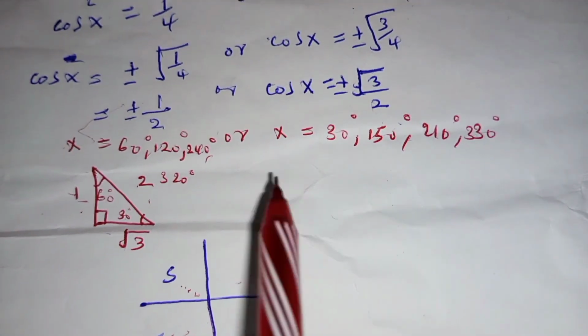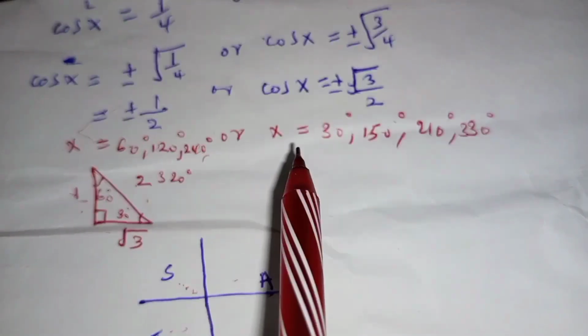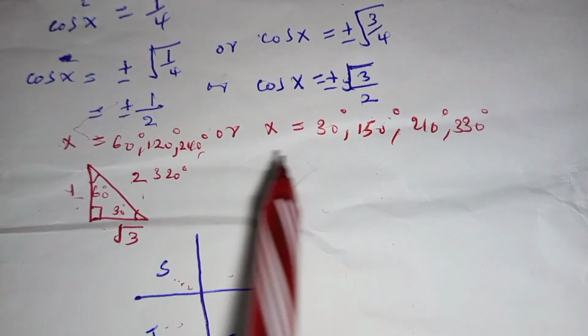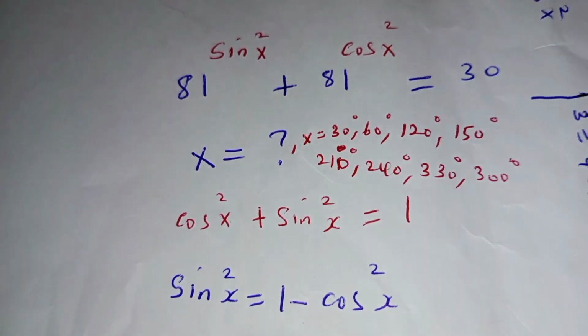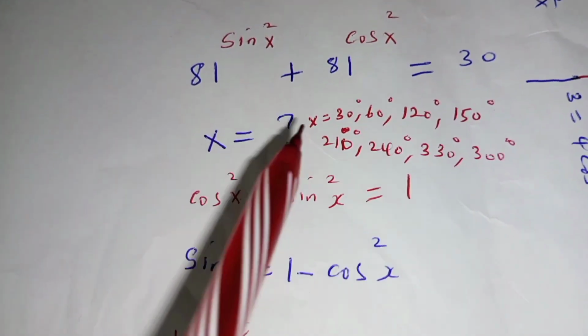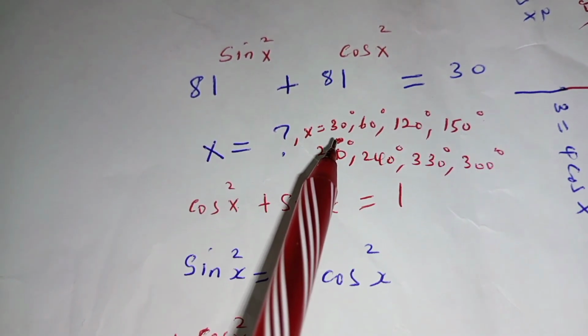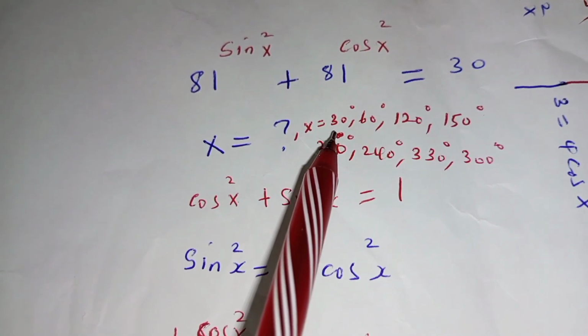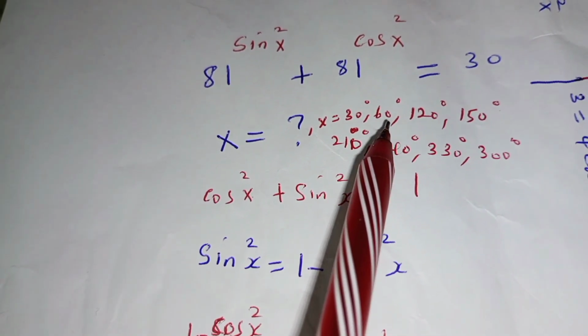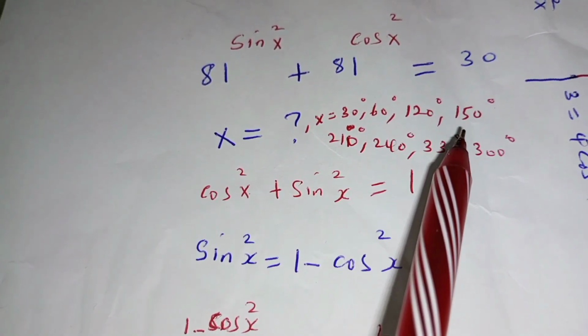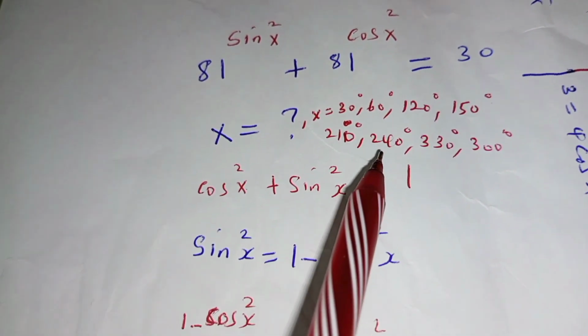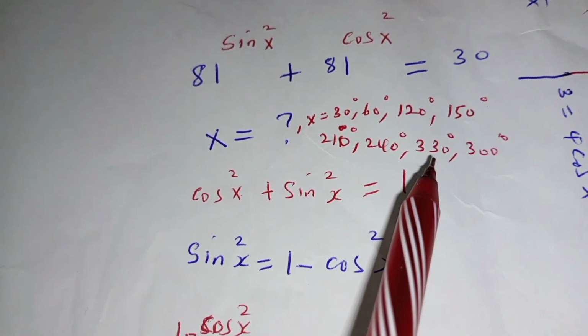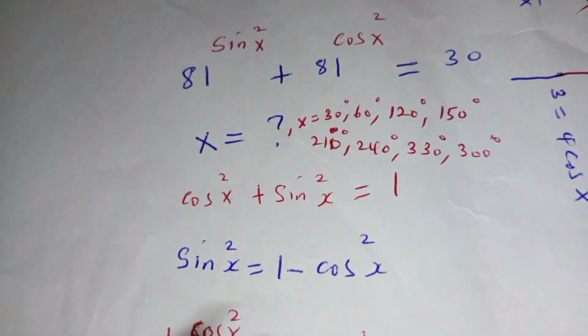So these are the values of x. For our given equation, we have obtained the values of x as 30 degrees, 60 degrees, 120 degrees, 150 degrees, 210 degrees, 240 degrees, 300 degrees and 330 degrees.